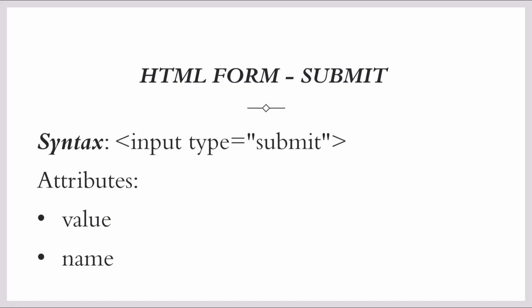I will leave this for your practice. Make use of them as required. Overall, we can say the input tag with type equal to submit attribute is a fundamental tool in web development for creating interactive forms and submitting data to servers.